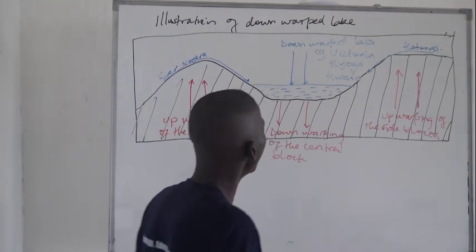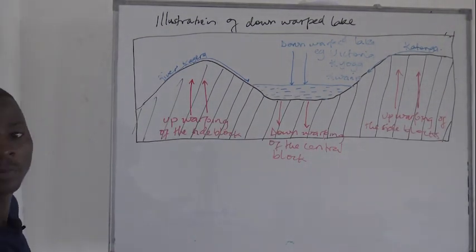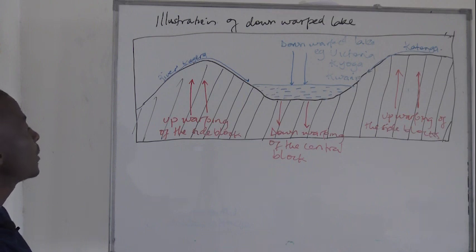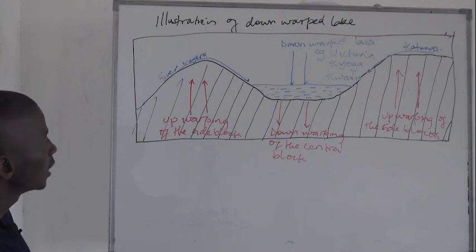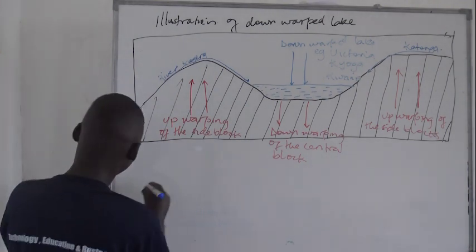They all changed their flow and started pouring water into the depression, including rainwater, filling the depression and becoming a downwarped lake. They are by characteristics.